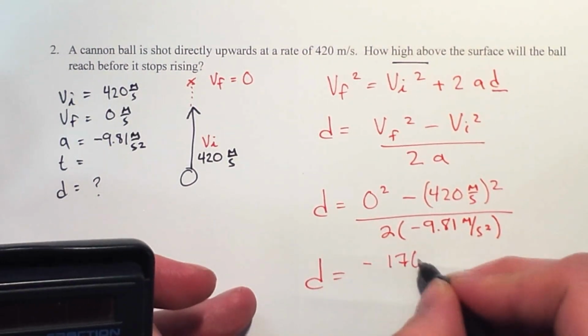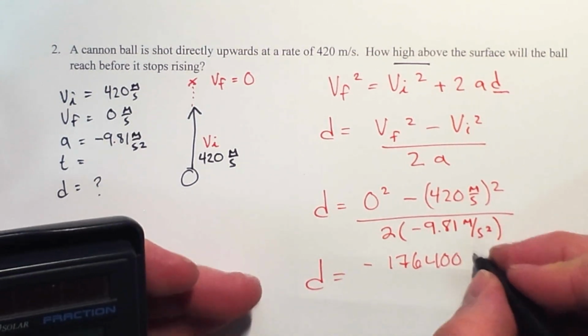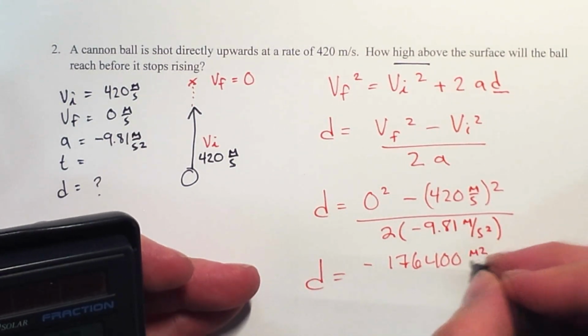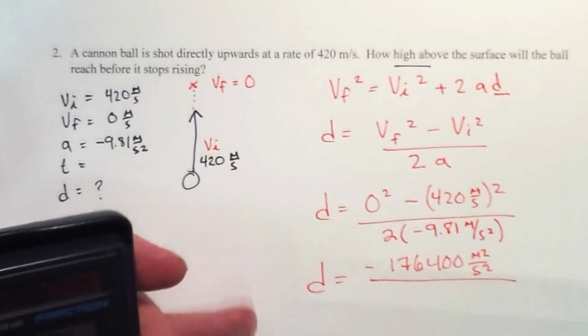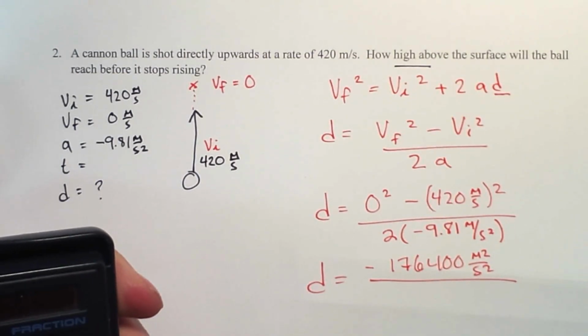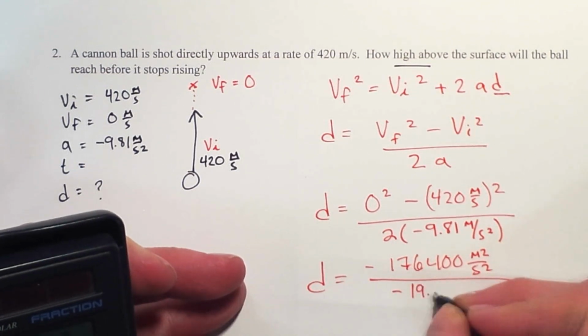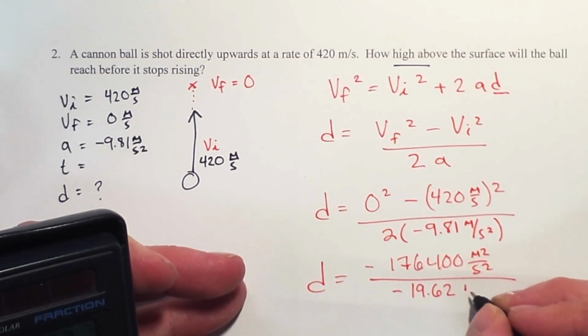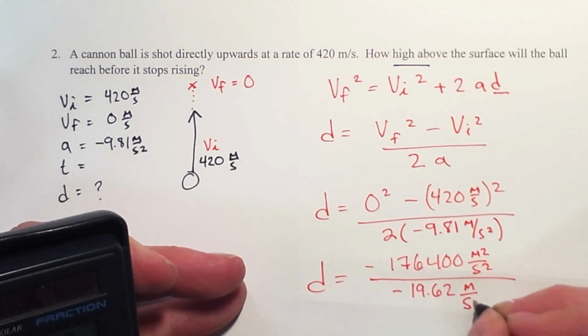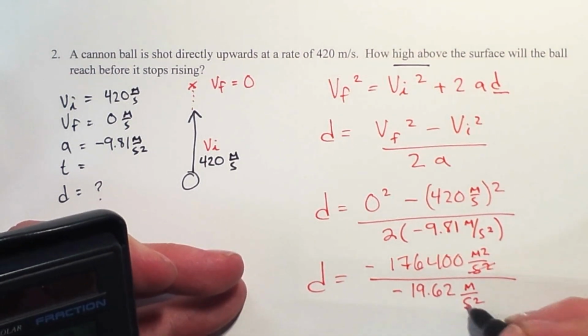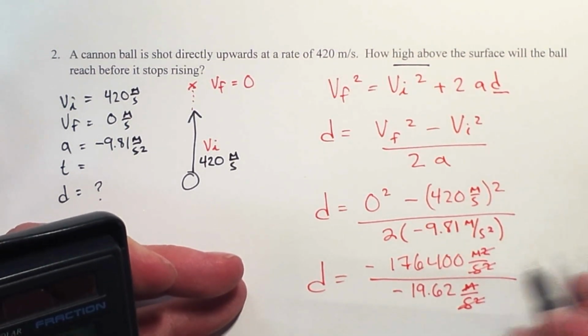Equals negative 1,764 meters squared per second squared, over negative 19.62 meters per second squared. So seconds squared will cancel, meters will cancel with the square.